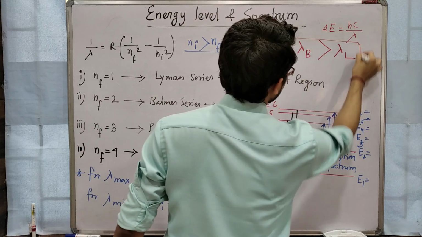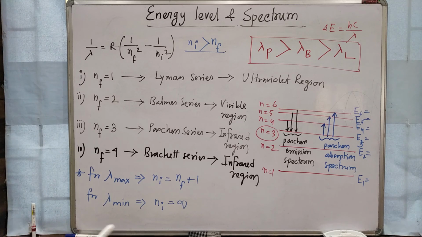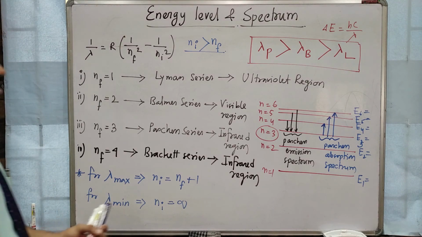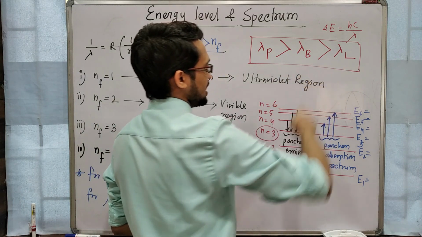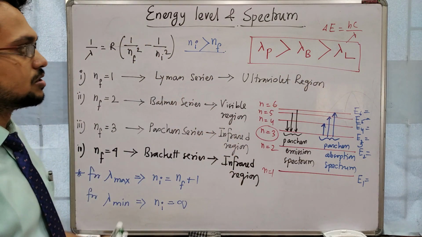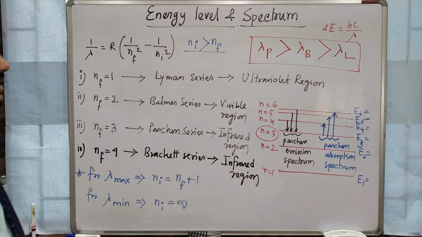For frequency it will be opposite: frequency for ultraviolet or the Lyman series will be more than the Balmer series, than the Paschen or Brackett series.